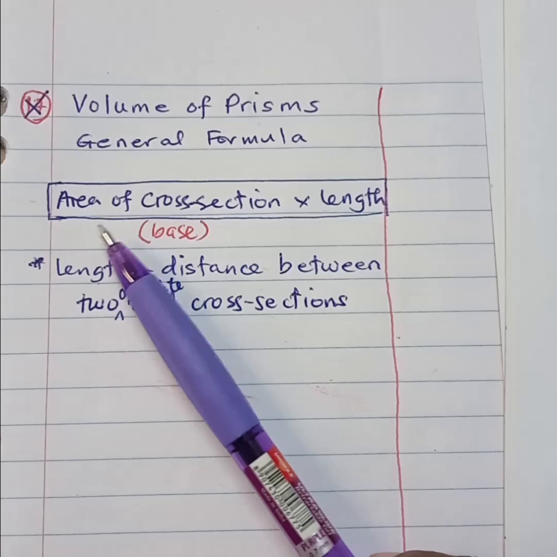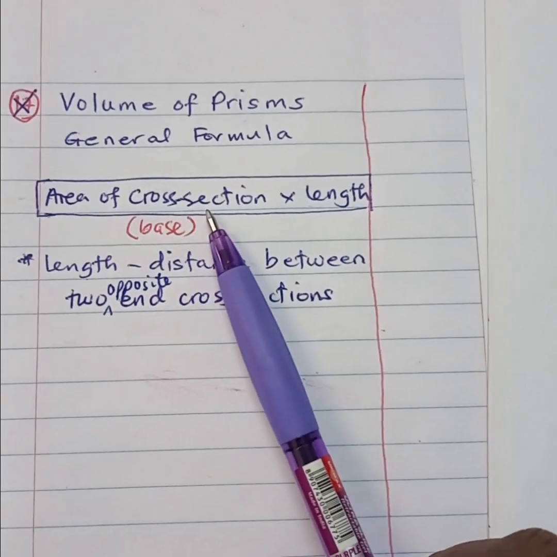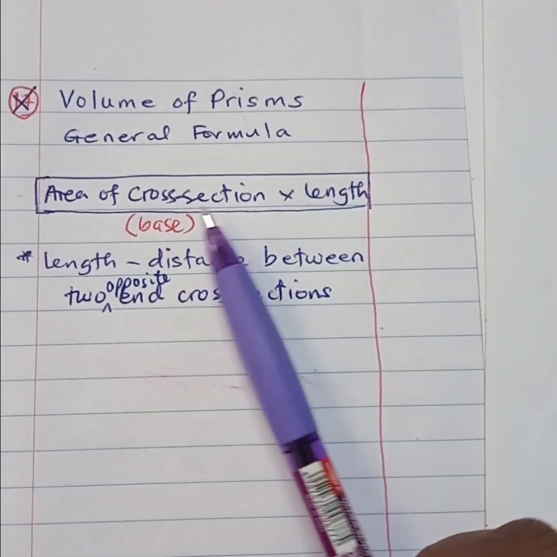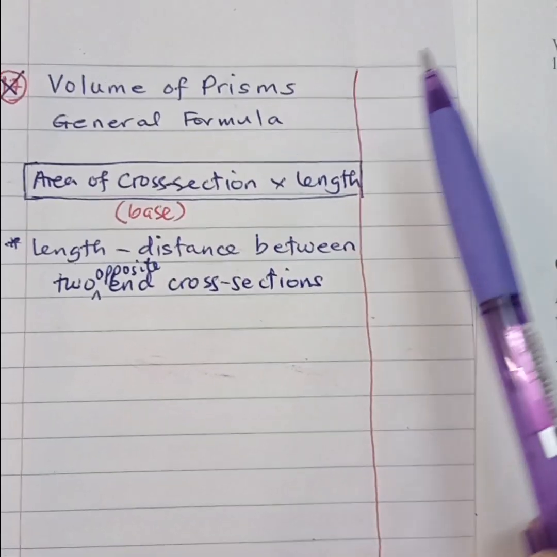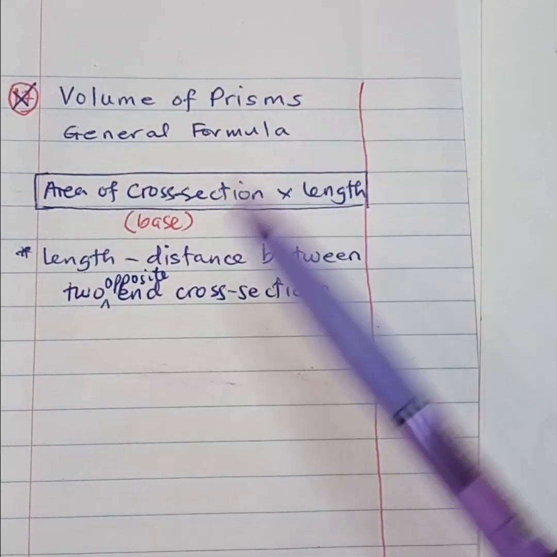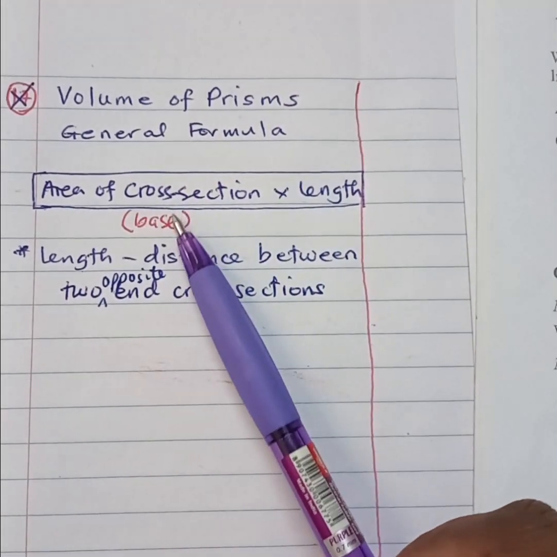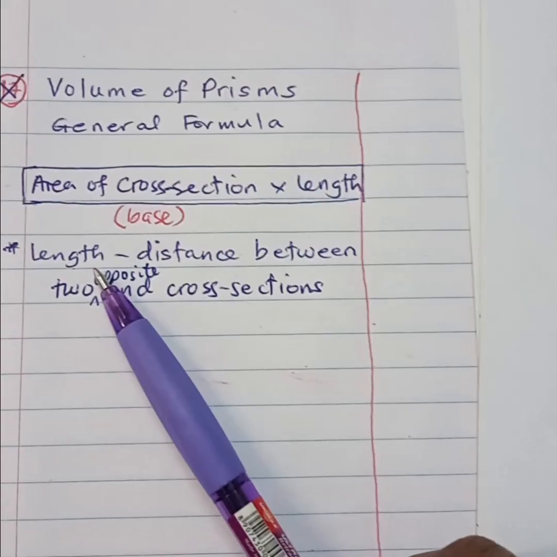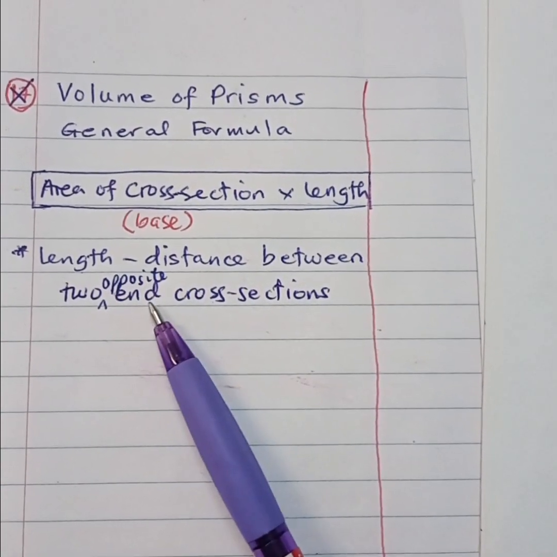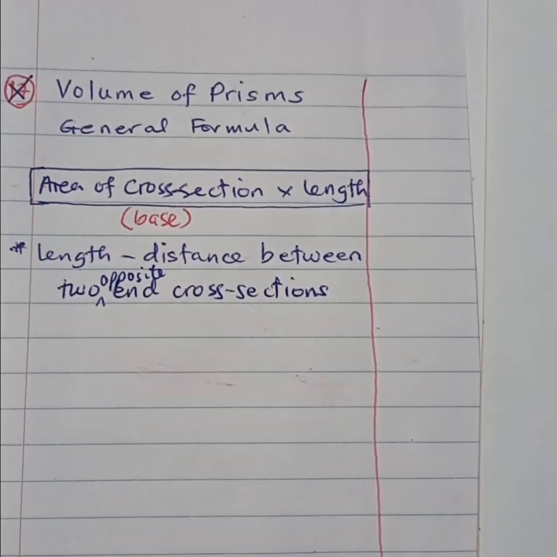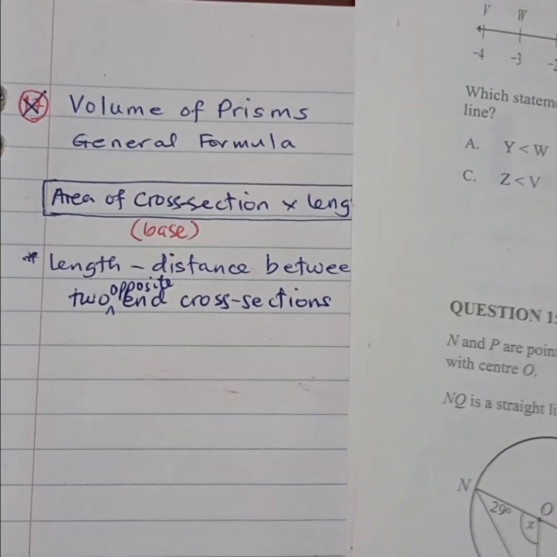The volume is equal to the area of a cross section times the length. The cross section can also be called a base depending on the shape, the 3D shape, and how it is oriented, meaning how it is drawn. Okay, the length is the distance between two opposite end cross sections. I'll show you what that means.